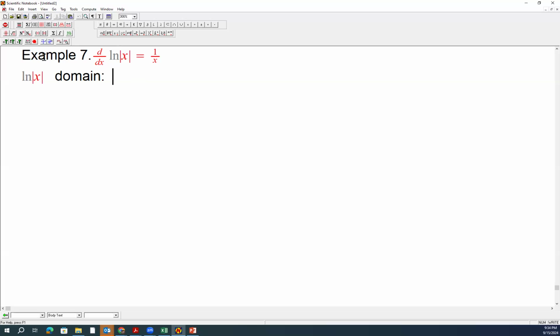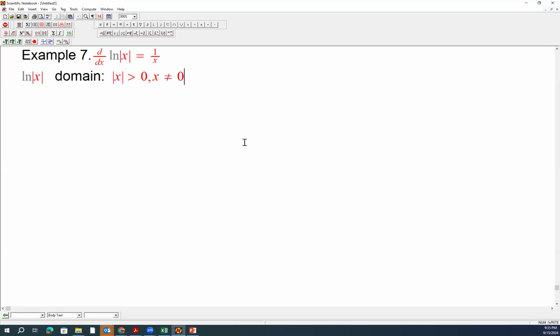So the domain must satisfy this condition, greater than 0. But we know that the absolute value of x is always greater than or equal to 0. So this will lead to our domain being x is not equal to 0. That is, x may be negative, x may be positive. The only number that x cannot be is 0.